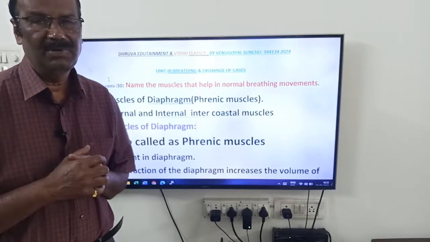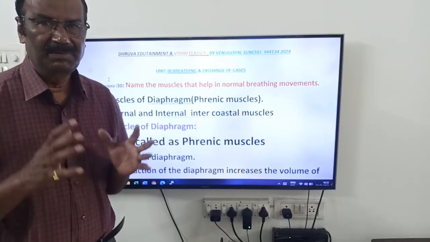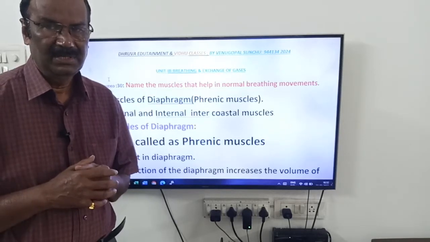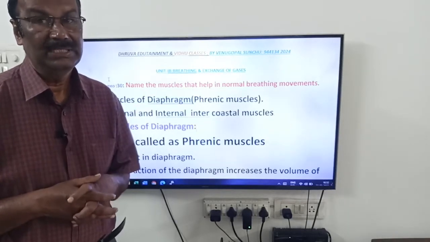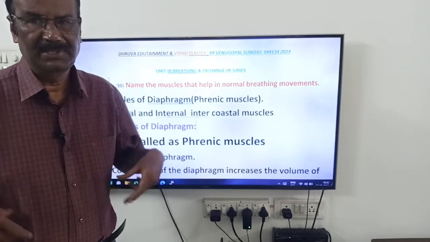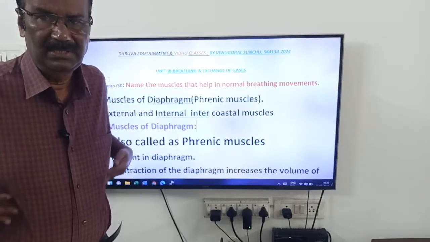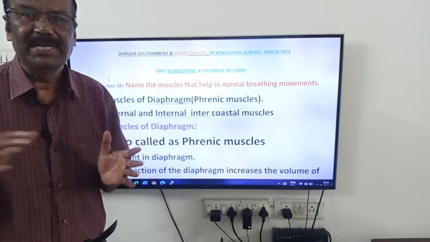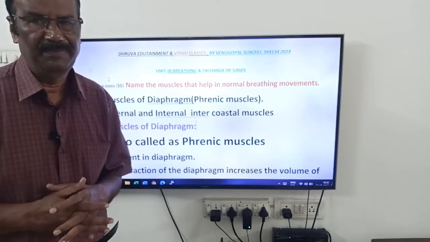These muscles are called as what, friends? Phrenic muscles. In addition to that, we have intercostal muscles. Here costal means ribs. These are the ribs. The muscles which are present in between ribs are called costal muscles.